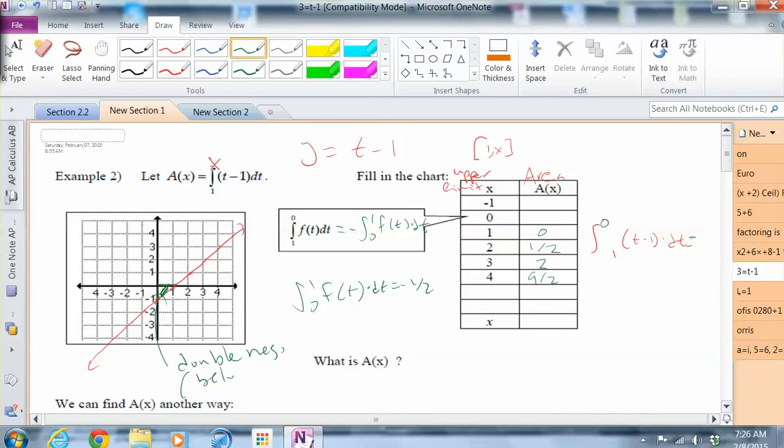So you're going to get negative half. Sorry, positive half. You get two negatives, right? Because you're below the x-axis and you go from right to left, so it's positive half. Sorry about that.